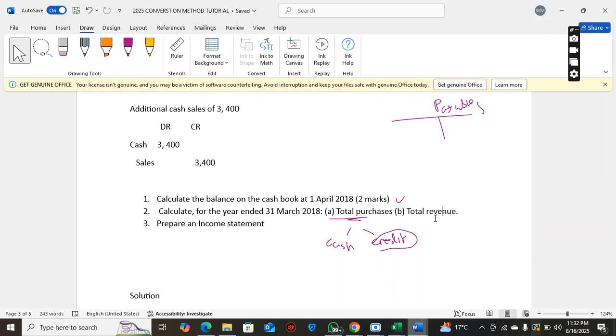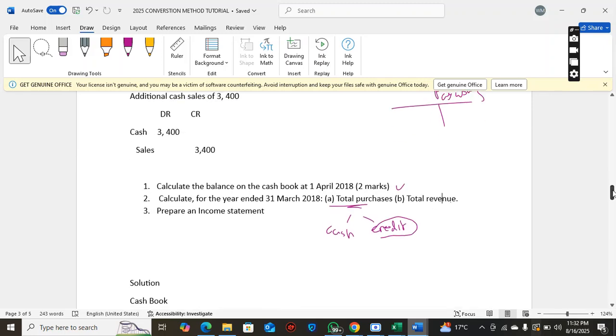The cash sales, we already have our figure in the cash book, but we now need to know what were the credit sales. The credit sales, you get it from the receivables control account. This is the total of everybody who is owing you.